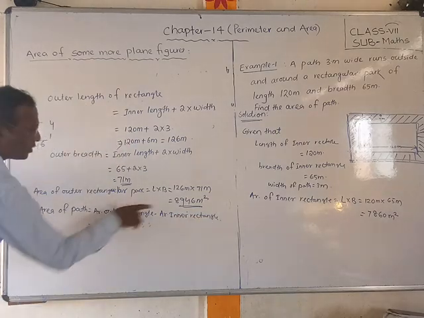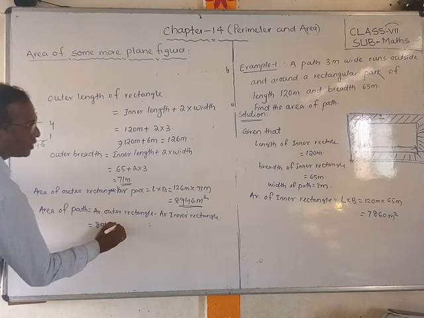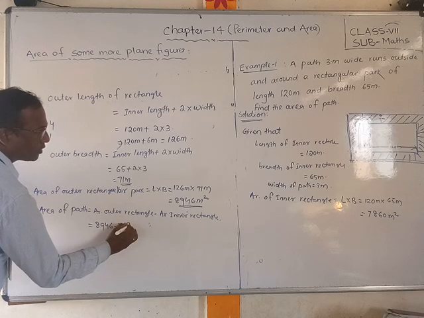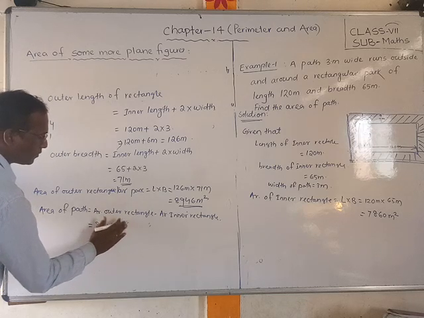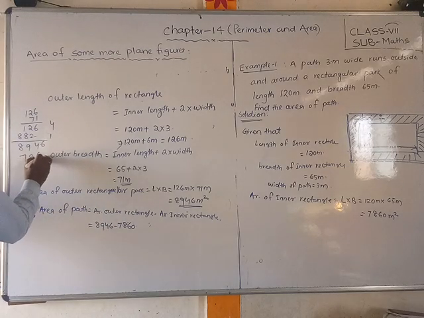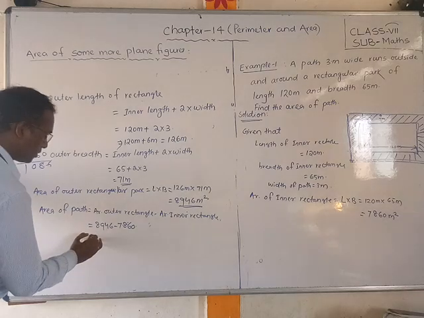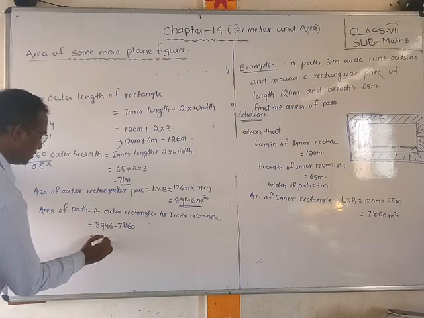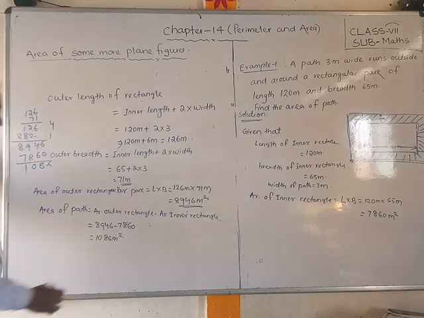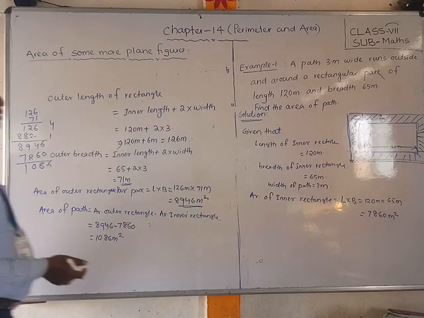You can write it, you will understand easily. So it is equal to outer 8,946 minus inner 7,860, which gives 1,086 meter square.